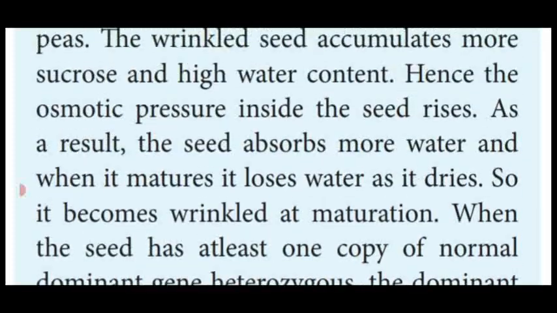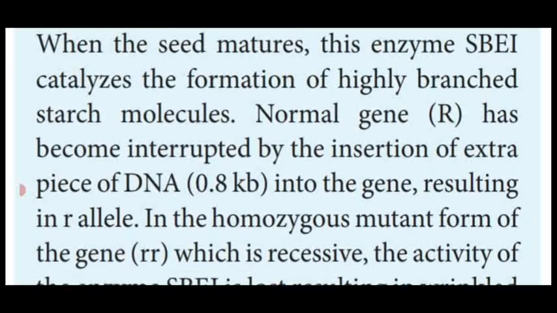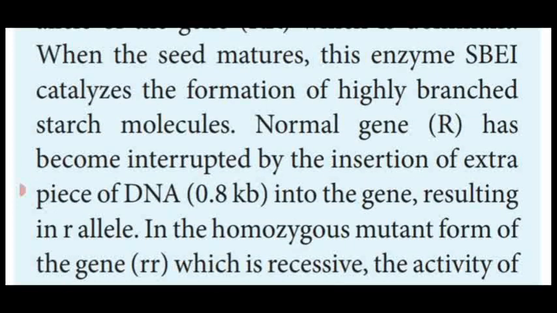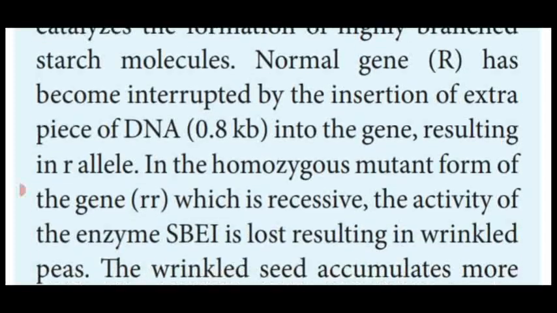But due to the interruption of a 0.8 kb DNA piece, the gene produces the recessive allele, that is small r, and they become homozygous due to mutation. What will happen?